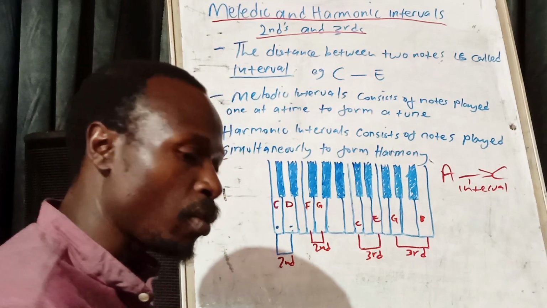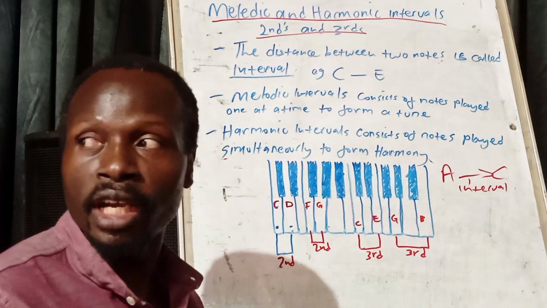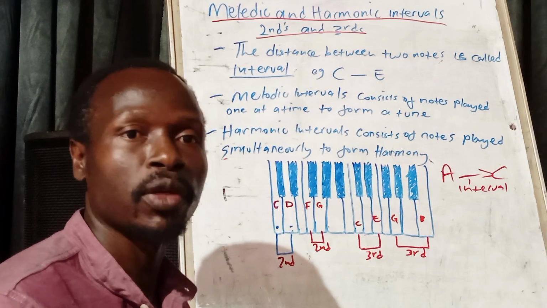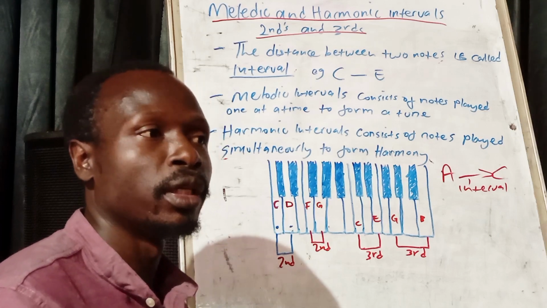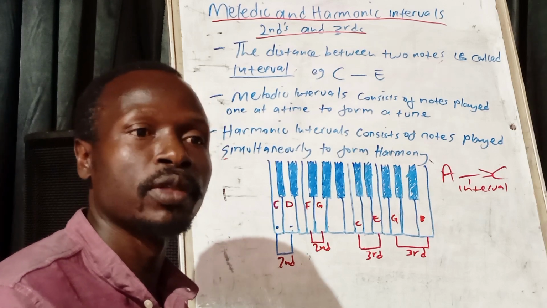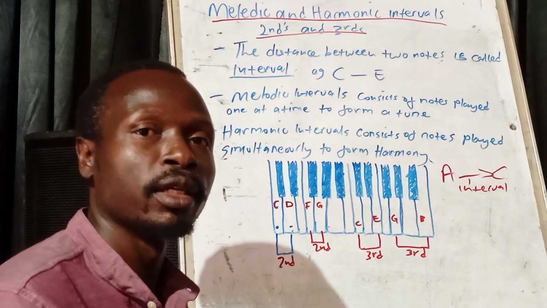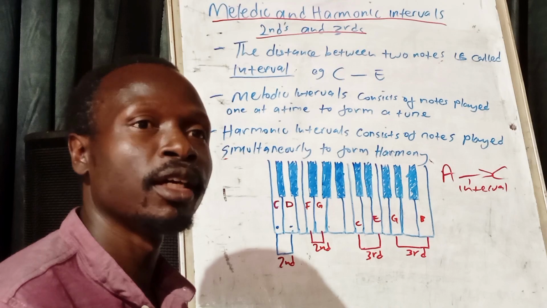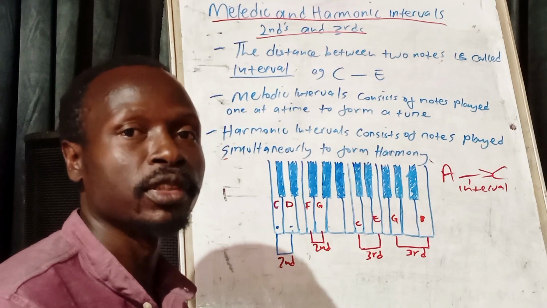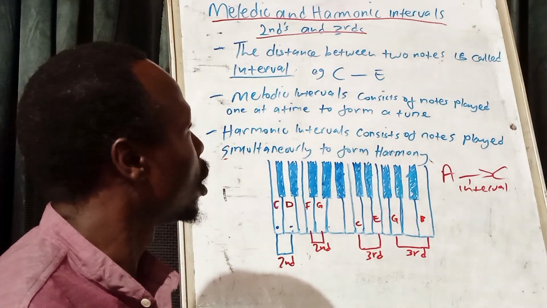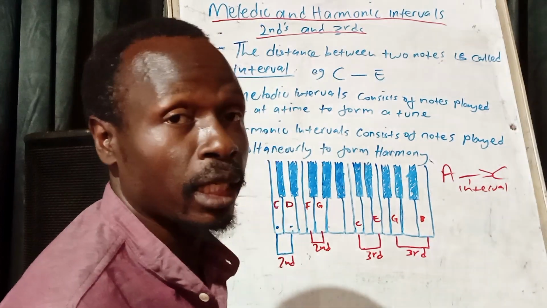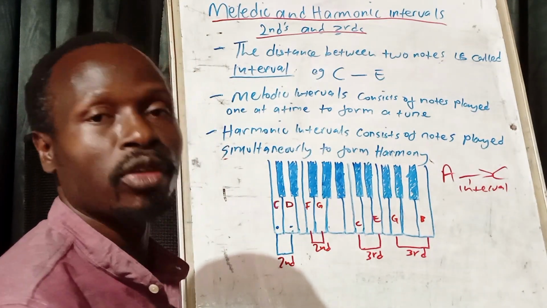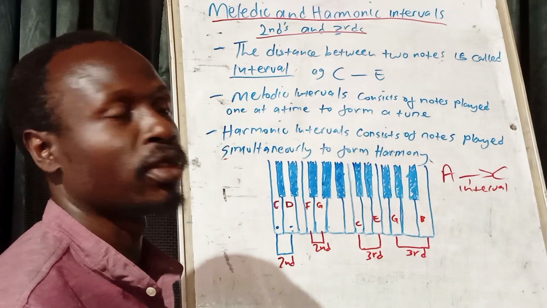So I want you to know that we have two types of intervals. The first one is the melodic interval. The melodic interval, that one you do when you're singing. You're singing one note at a time, or solfa, like you're doing solfas.